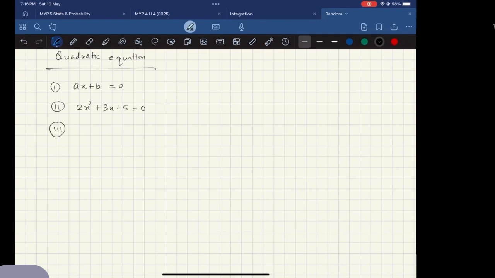And our third equation, say 3x to the power 5 plus 2x squared plus 1 equals 0. The fourth one is x cubed plus x plus 1 equals 0. So out of these four, which one is the quadratic and why?